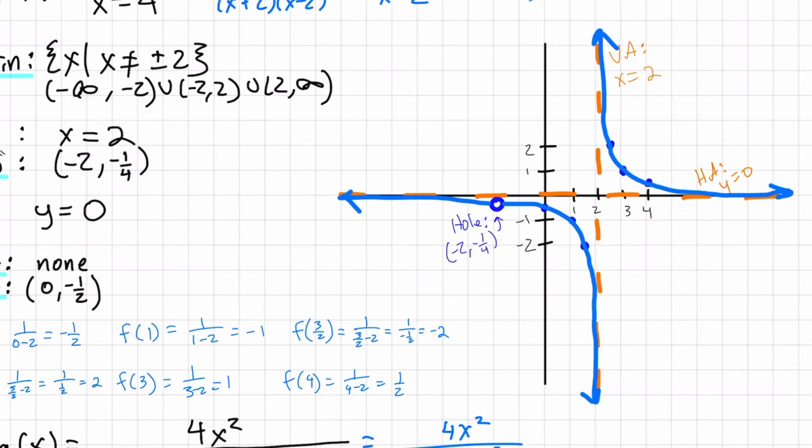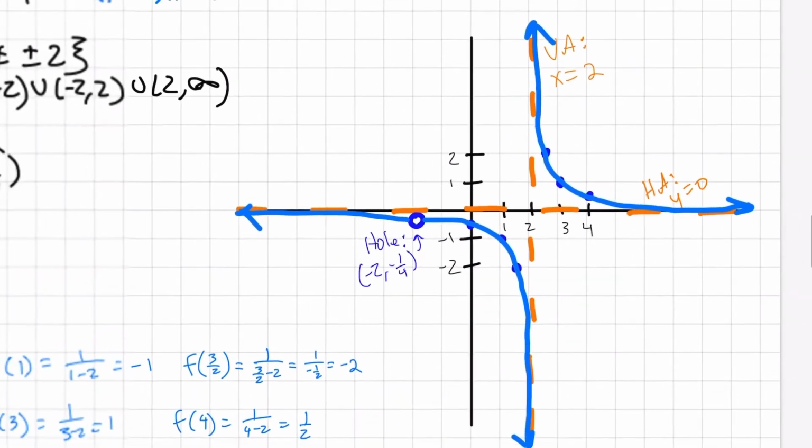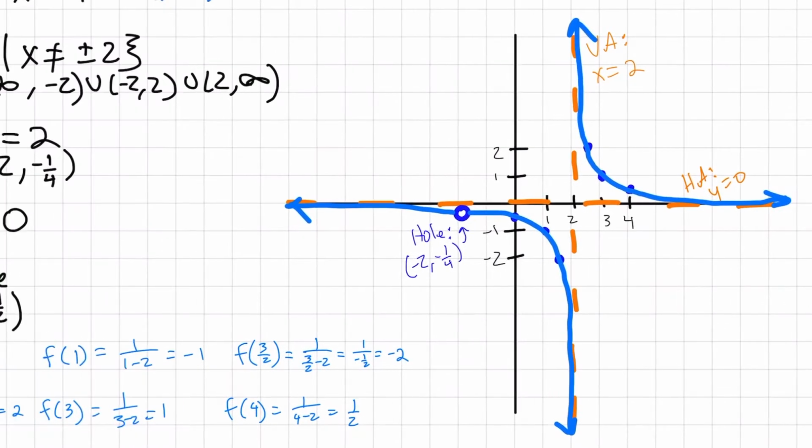But eventually your functions are going to get so close to these asymptotes that, based upon the thickness of your pencil and the size of your graph, you're not going to be able to distinguish. If you had the ability to infinitely zoom in on those spots, you'd eventually see that they don't touch. But there's a physical limitation where it's going to look like they touch.